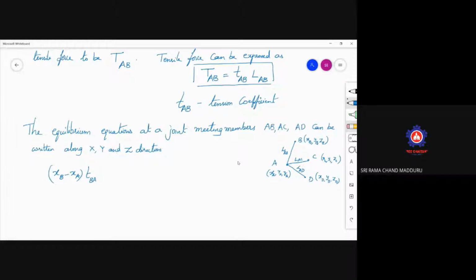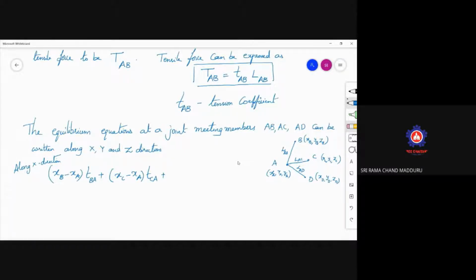That is the tension coefficient with respect to the x direction, the difference between the coordinates along x direction into TBA, plus, along x direction, XC minus XA into TCA.